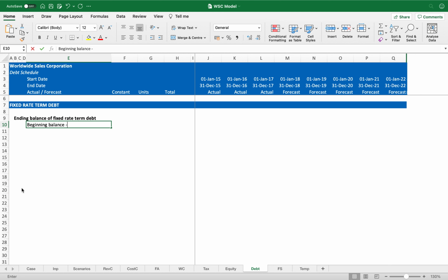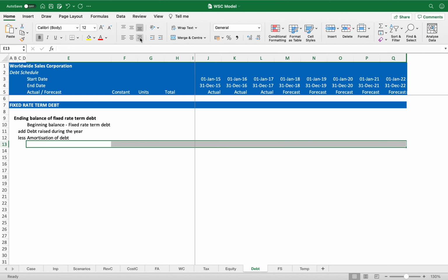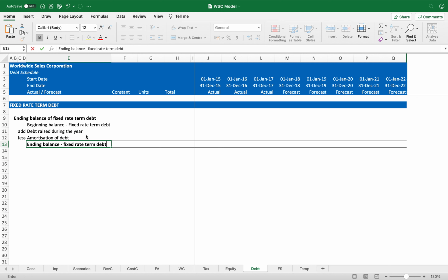We have beginning balance for fixed rate term debt. We're going to add debt raised during the year. We're going to subtract amortization, and what we'll get is our closing balance, ending balance, fixed rate term debt. Don't forget the units.